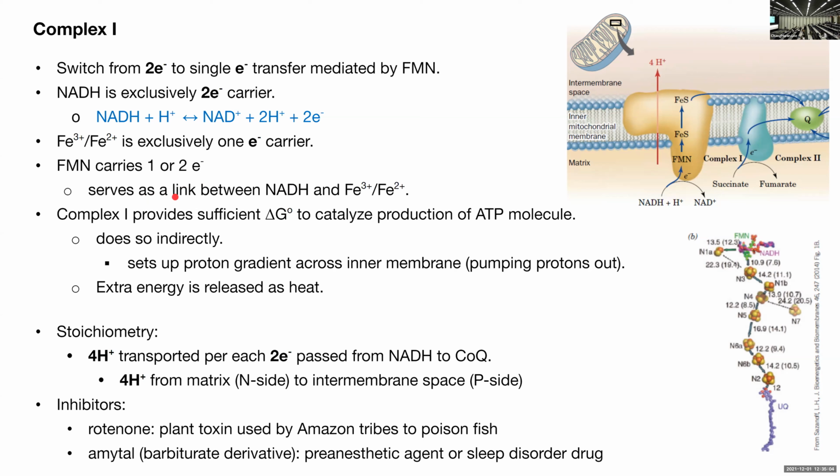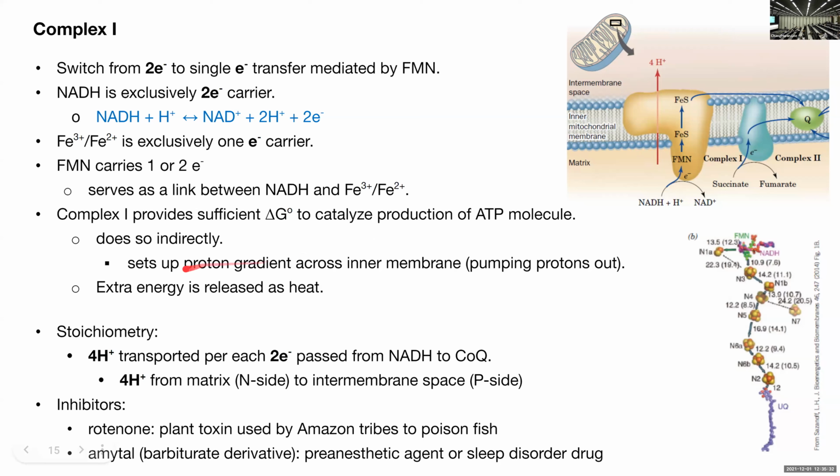So it basically serves as a link between this NADH and the iron ion. And complex 1 provides a sufficient delta G naught, we just looked at the value, to catalyze the production of ATP molecule. But again, this does not happen directly. It's nothing to do with binding ADP and just putting the phosphate there to make it into ATP.